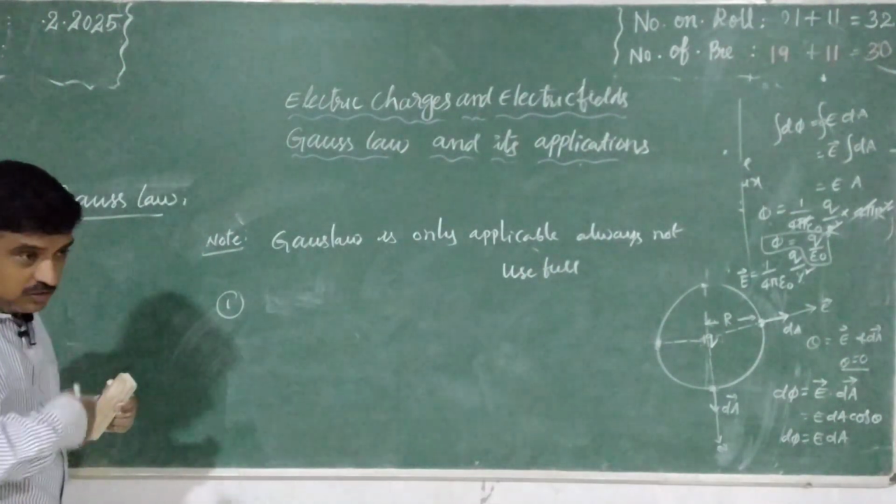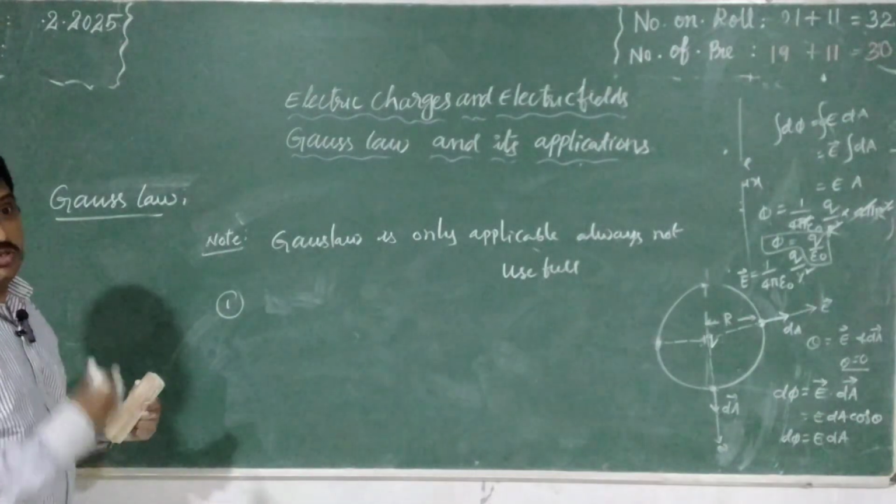Along the Gaussian surface, the same charge distribution is there throughout the surface.